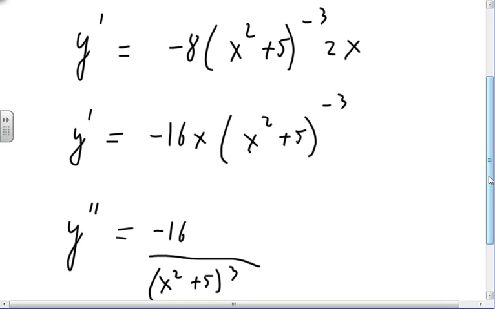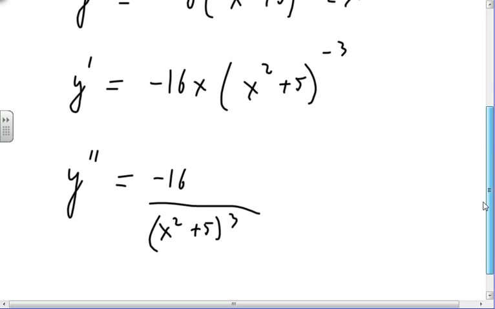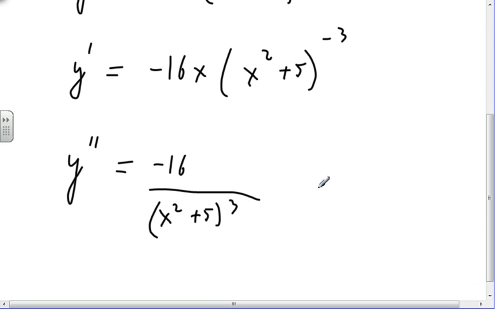I did the first one. This looks like plus 48x(x² + 5)^(-4) times 2x.